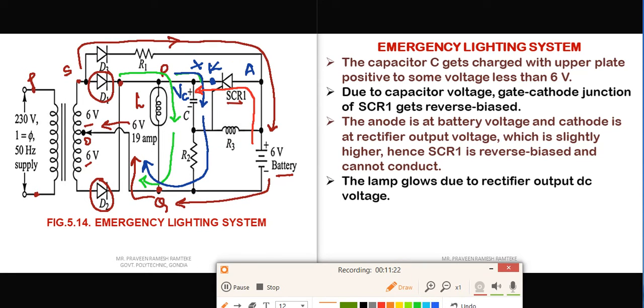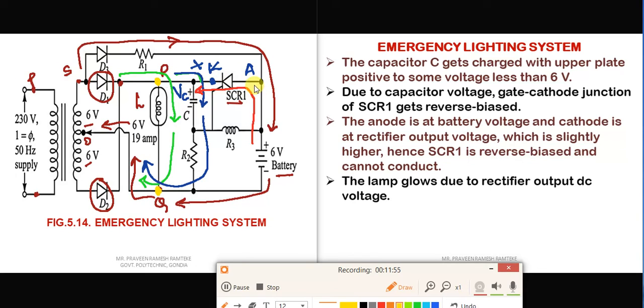So when mains is off, there is no potential at points P and Q. If there is no potential, then how will the emergency light turn on? The emergency light will turn on by using this battery. Now this 6 volt positive is at the anode, and the cathode has lower or zero potential.